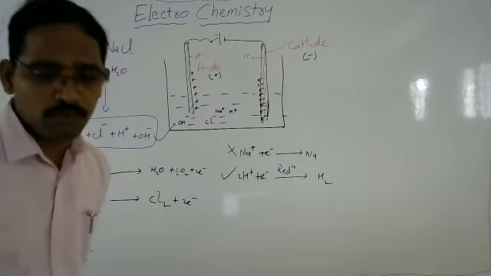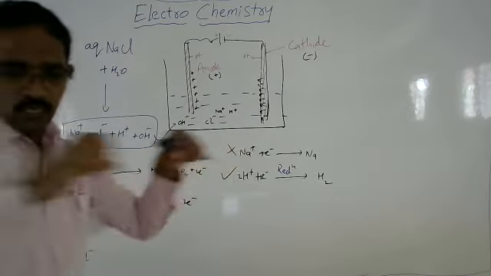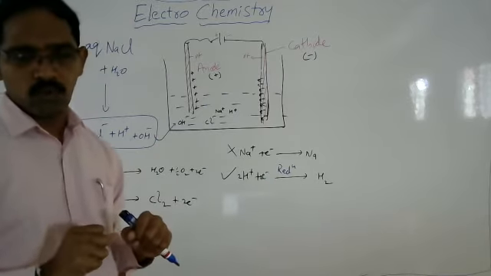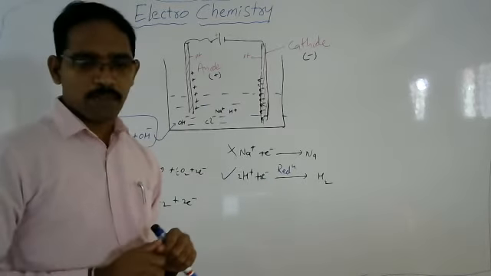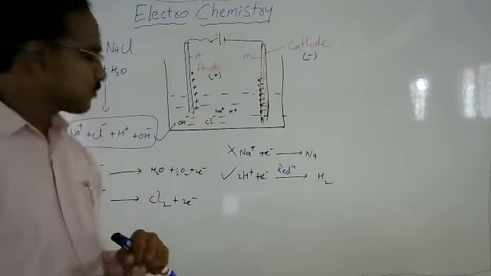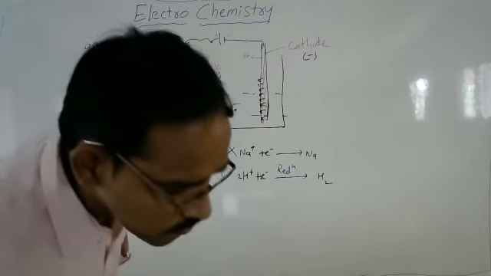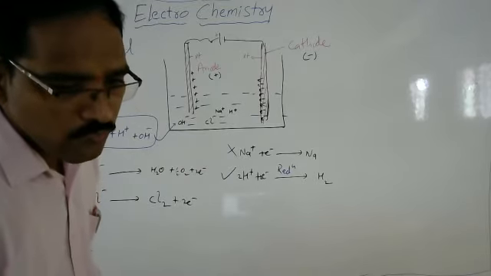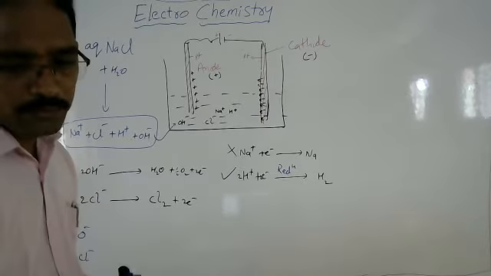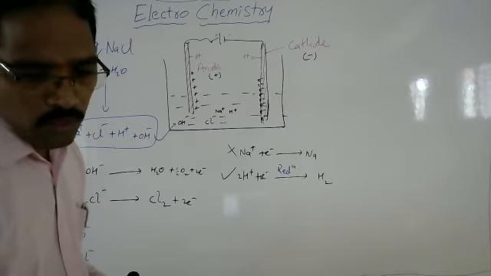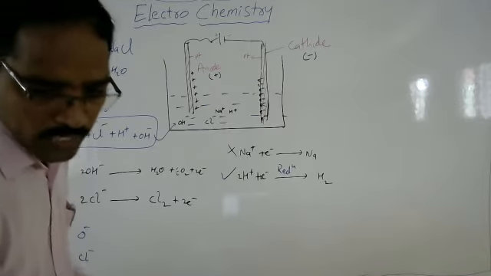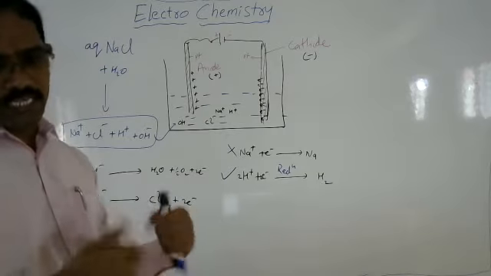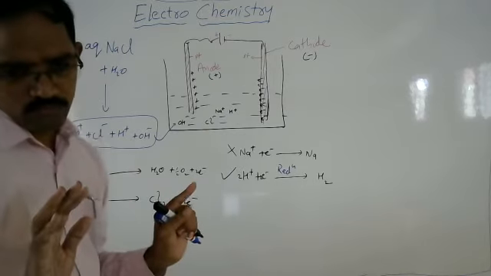For that you have to know which is holding the electron strongly. Tell me, which is holding the electron strongly? Oxygen is given. O- is strongly holding, which means obviously Cl- is ready to lose.